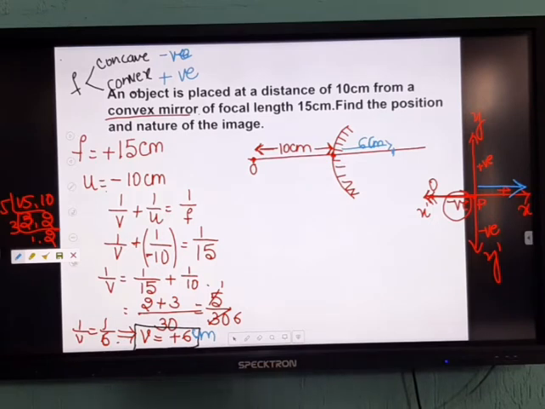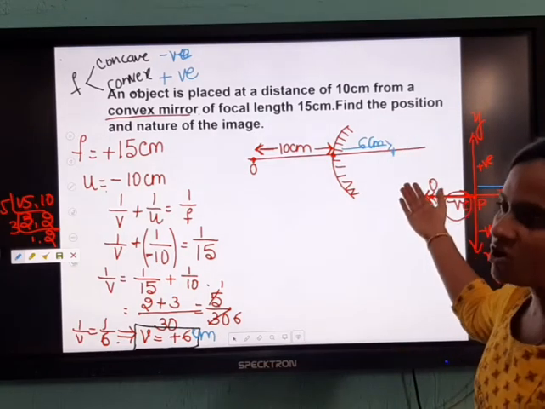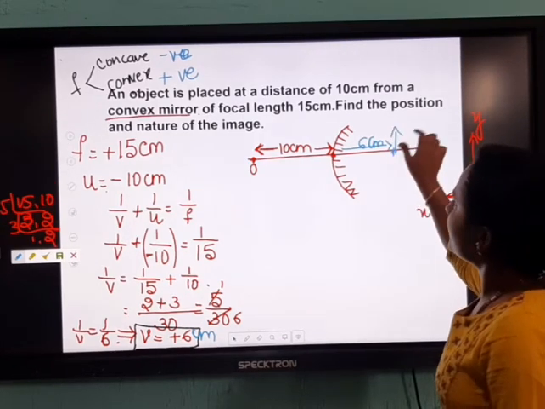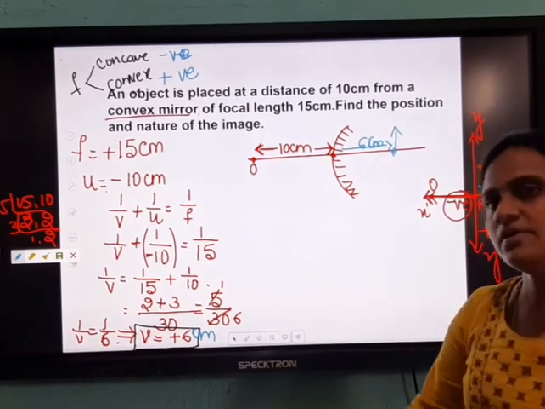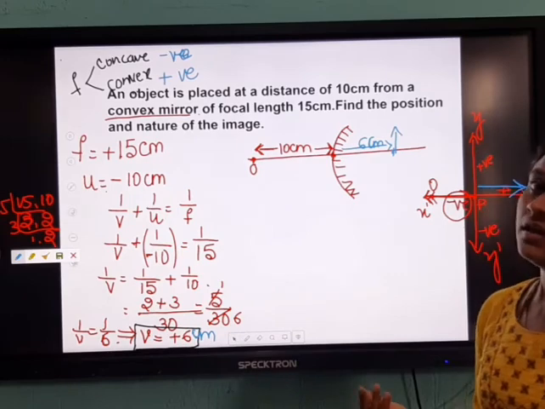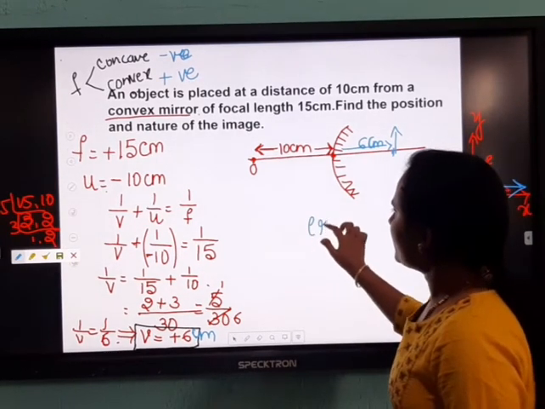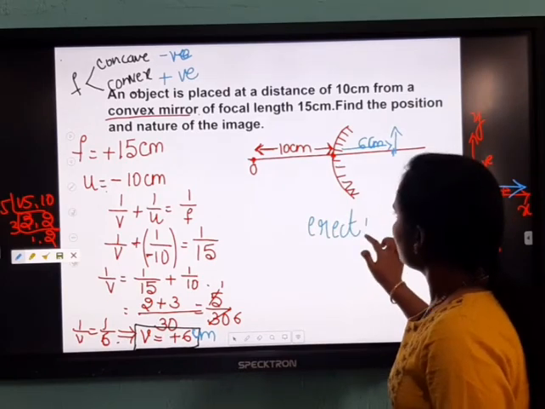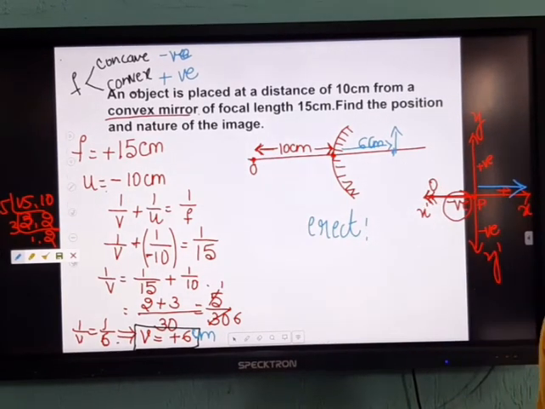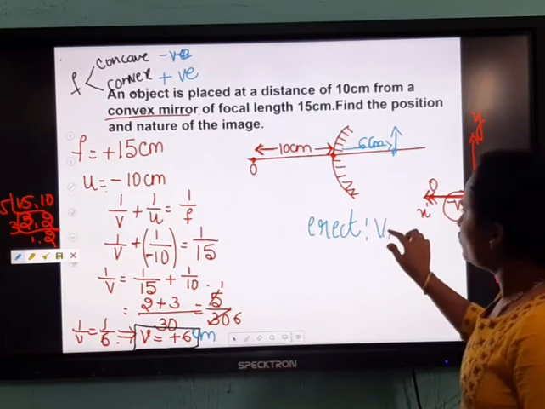What is the nature of the image? When it forms behind the mirror, we know that the nature of the image will be erect. When it is erect, it will be virtual.